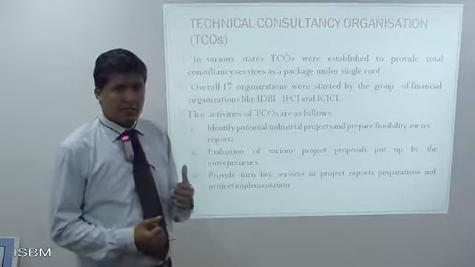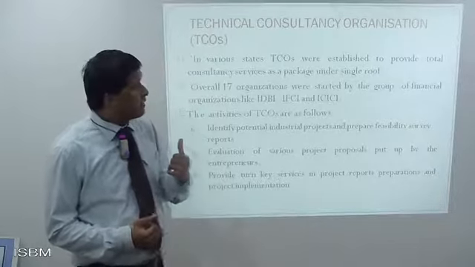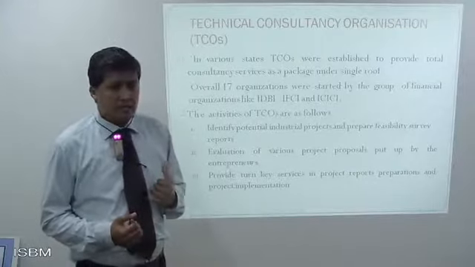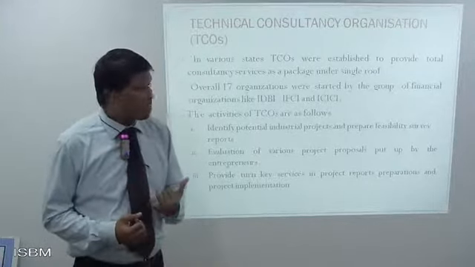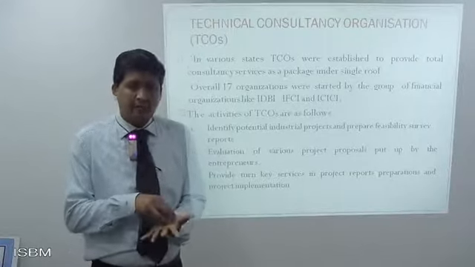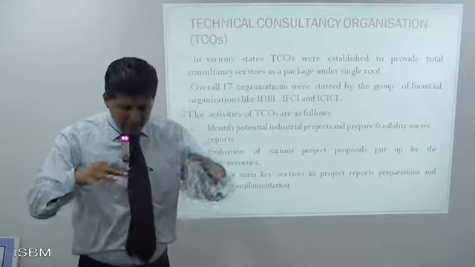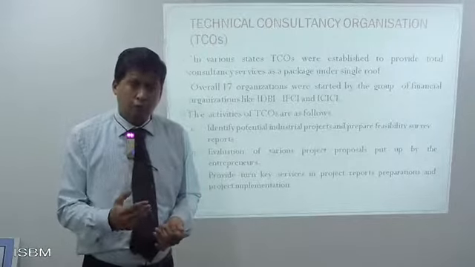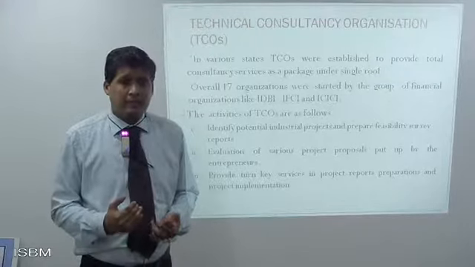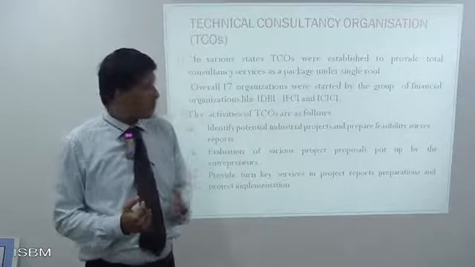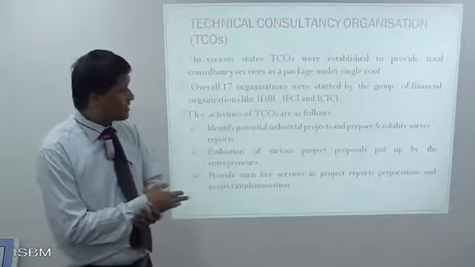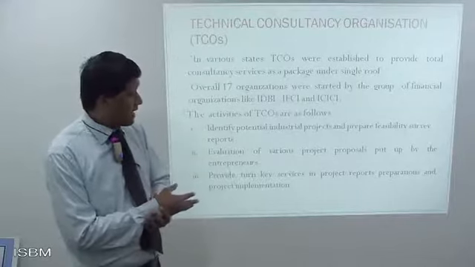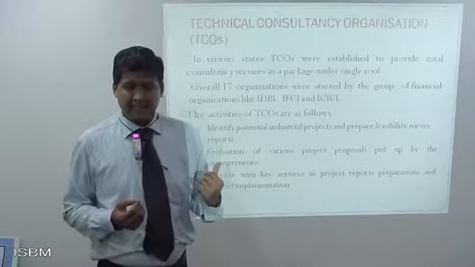In various states, TCOs or technical consultancy organizations were established to provide total consultancy services as a package under a single roof. So it's not about a single technical thing, but the entire package. So whatever technical things are involved for the project, for the business, for the enterprise, it can be consulted through TCO. Overall, 17 organizations were started by the group of financial organizations like IDBI, IFCI, and ICICI.